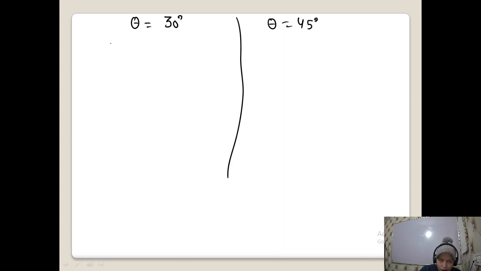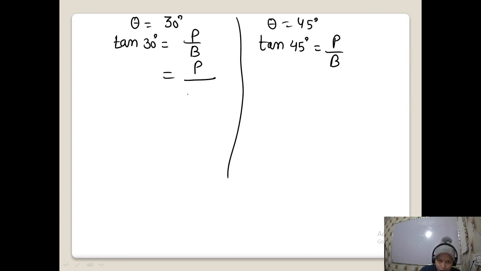You have given base, so that's why we use here tan 30 degree is P over B. Here tan 45 degree is equal to P over B. P we have to find out, and base is given in this case 200 meter, and tan 30 is equal to 1 by root 3, tan 45 is equal to 1.